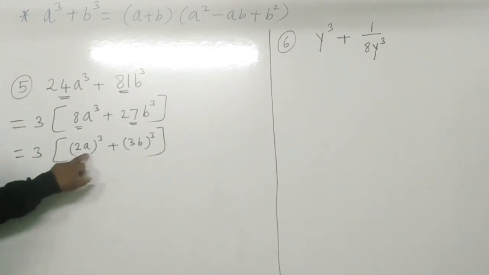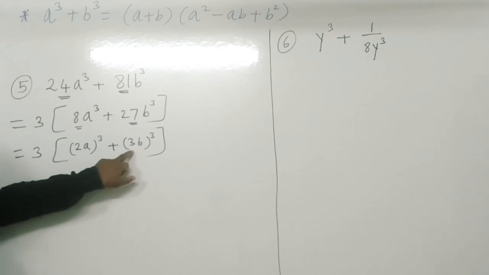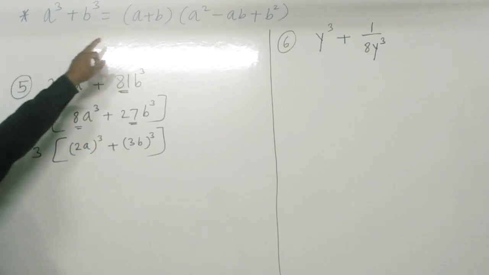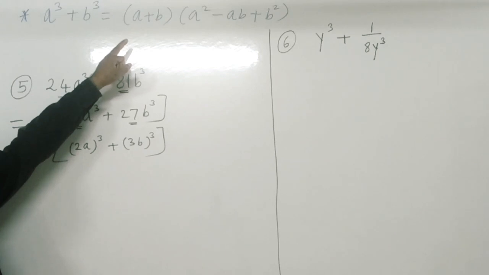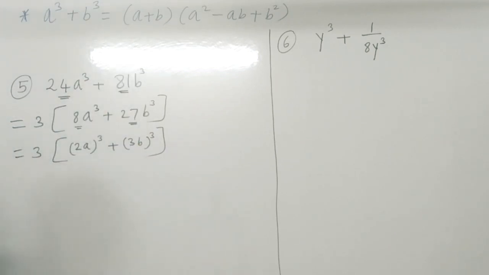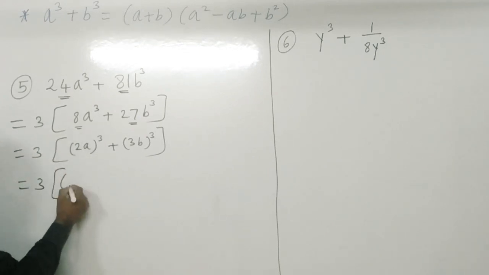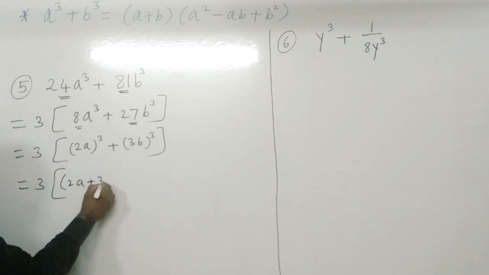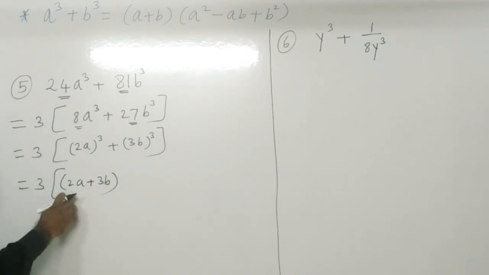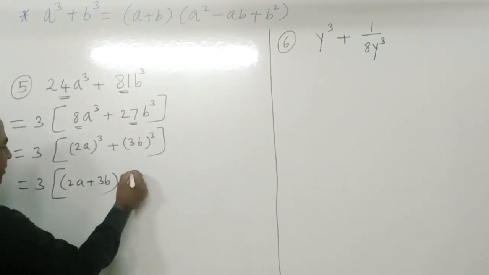In the place of a there is 2a, and in the place of b there is 3b. So we will apply the identity a cube plus b cube is equal to a plus b, in another bracket a square minus ab plus b square. So in the first bracket 2a plus 3b. From this first bracket we get the second bracket.